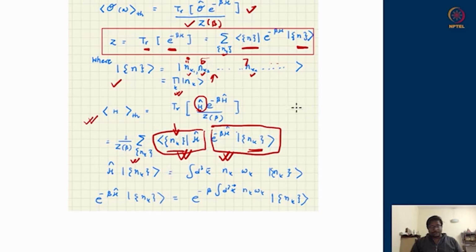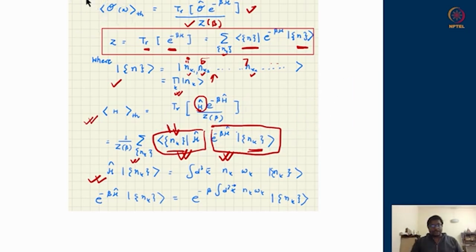This object can be obtained from the dagger of the Hamiltonian operator acting on Nk. If I take the dagger of this, since the Hamiltonian is a Hermitian operator, it will come back to itself. The ket will become the bra, and I will get an H. So I obtain this, take the dagger of this, and whatever I get would be my first element appearing over here. So let us try to do that.